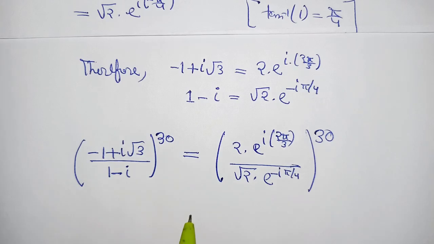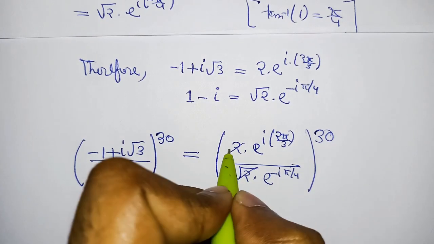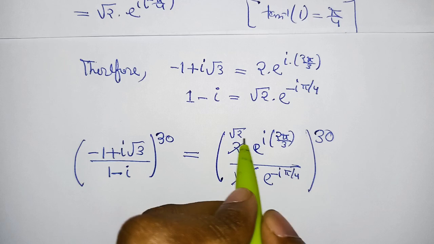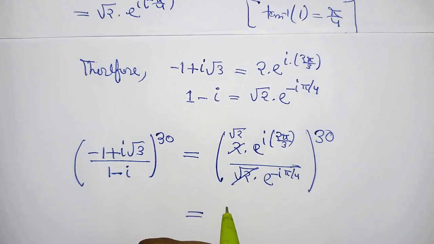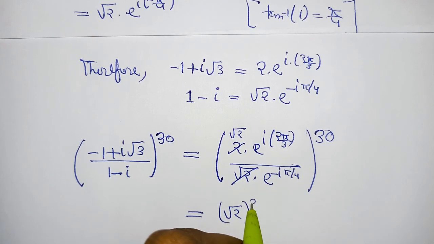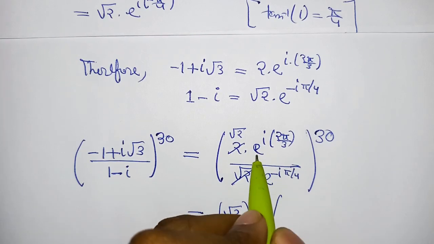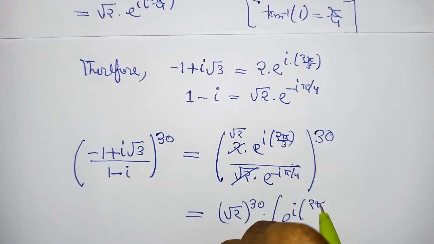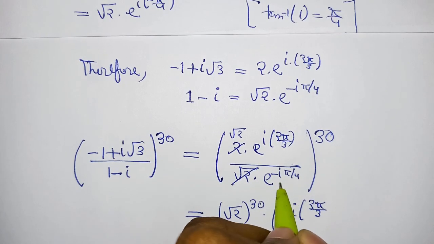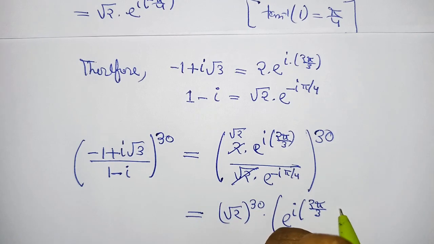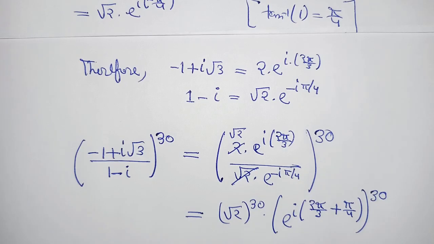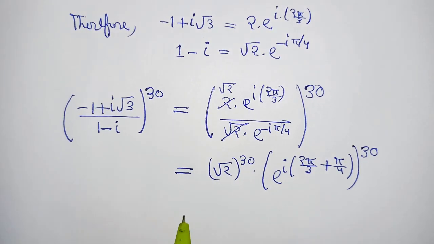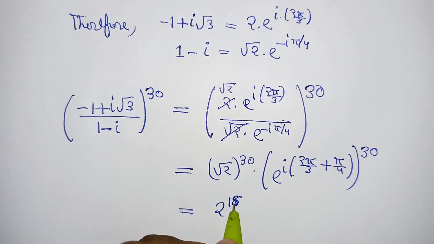So this is equal to, now cancelling this part, we have square root 2, and then by taking power separately we have square root 2 power 30 into this part. Here the base is same, so we have e raised to power iota common, and we have 2 pi by 3, and here minus, when we take this part to the upper side we have plus pi by 4, and the whole power is 30.